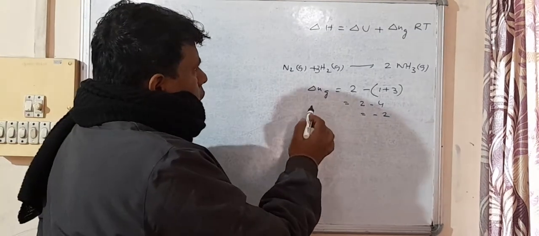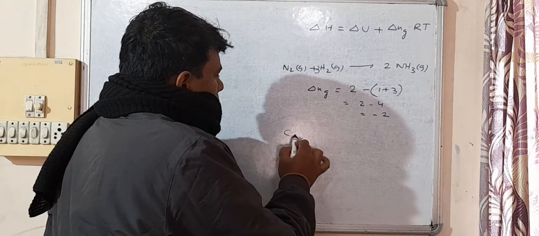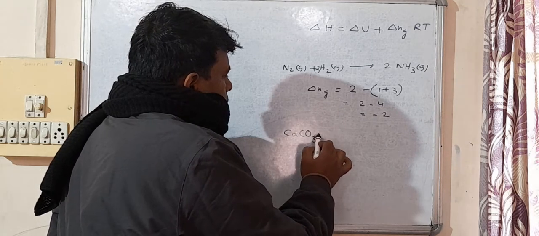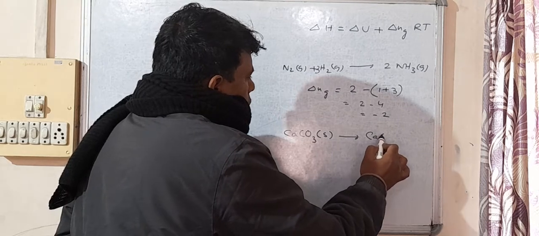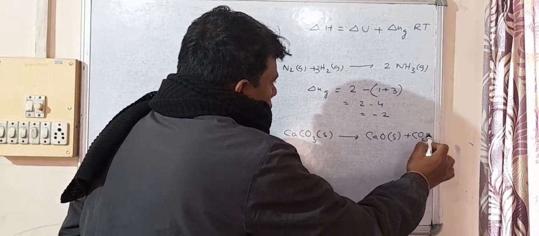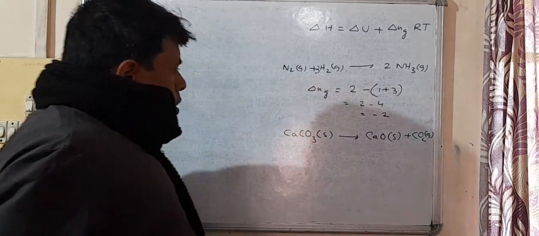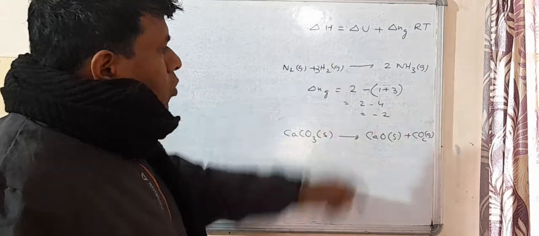Suppose another case: we have CaCO3 solid gives CaO solid plus CO2 gas. For this reaction, what will be the value of delta Ng?